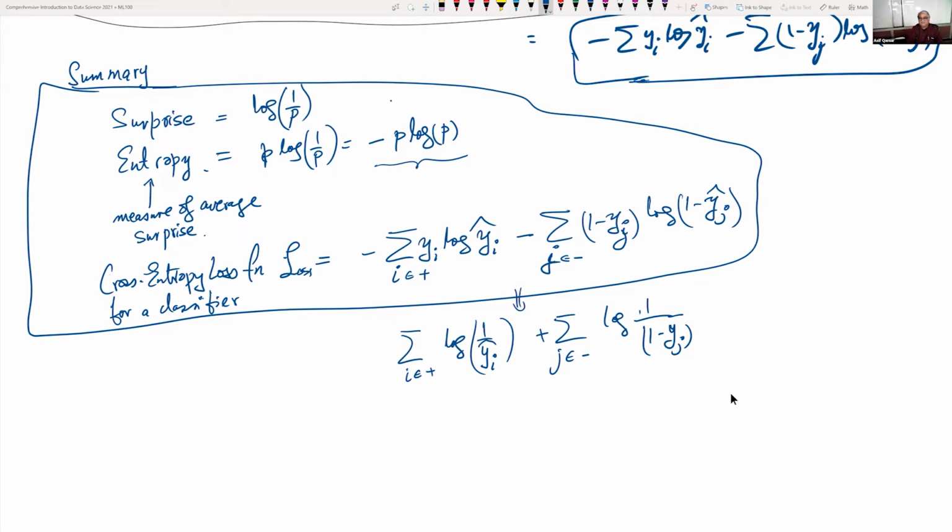This is the same, it's just that in my mind, I prefer this way. A simpler way to remember.